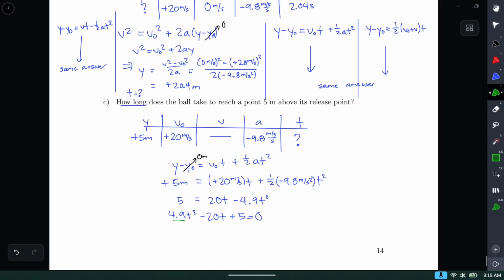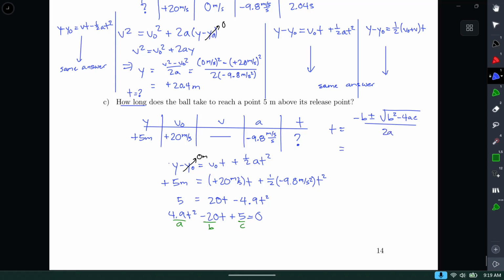As you said, it's a quadratic equation, so we've got our coefficients a, b, and c. The quadratic formula says that's negative b plus or minus square root of b squared minus 4ac all over 2a.